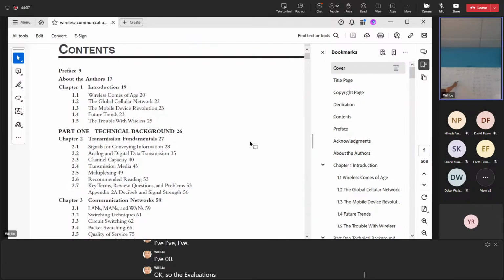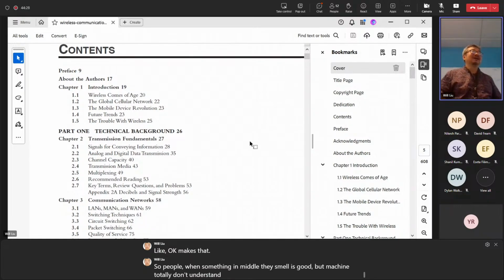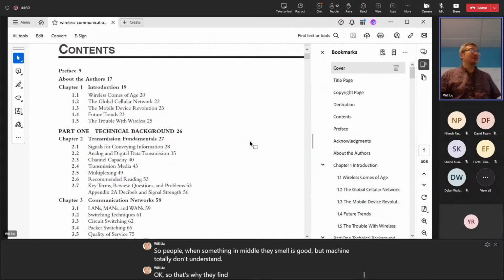The FF is actually 255. So you see hexadecimal is very convenient, and especially feels right to programmers, because binary is so hard to understand. Decimal is good for us, but machines totally don't understand it, so people find something in the middle.